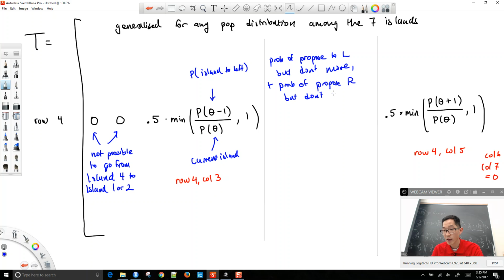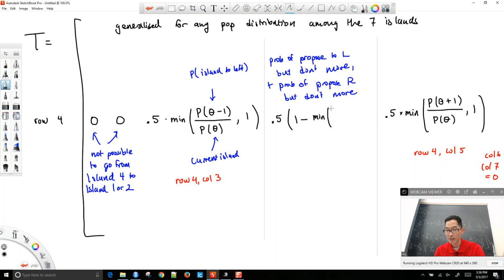That's how we might stay where we are. And so the probability of proposing to the left and not moving to the left is going to be what? 1 minus whatever this is. So 1 minus the min.